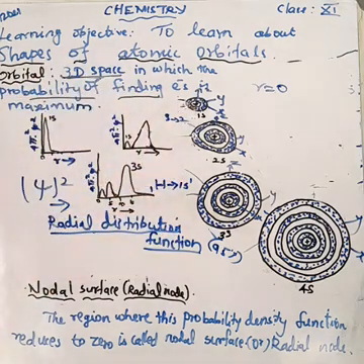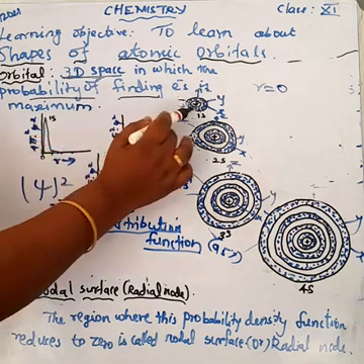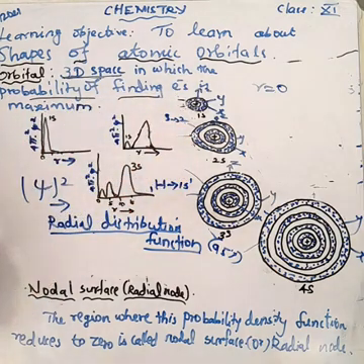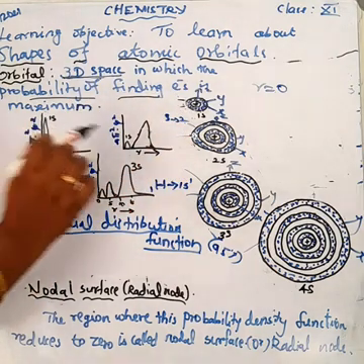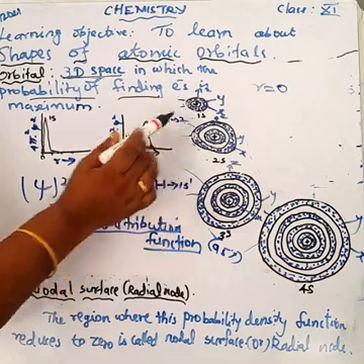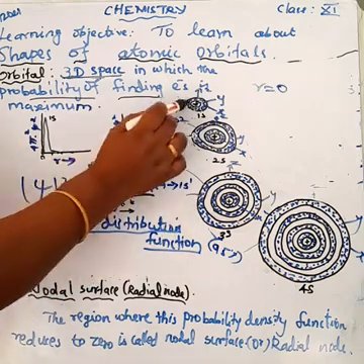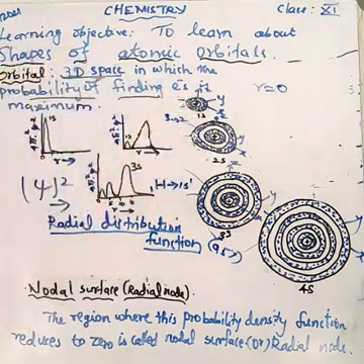Understood? So here, in the 1s orbital, remember there is only 1 electron, but all the dots are the maximum probability of finding the electron in all directions.